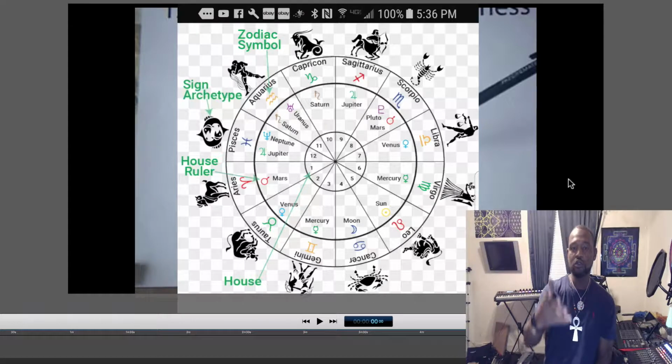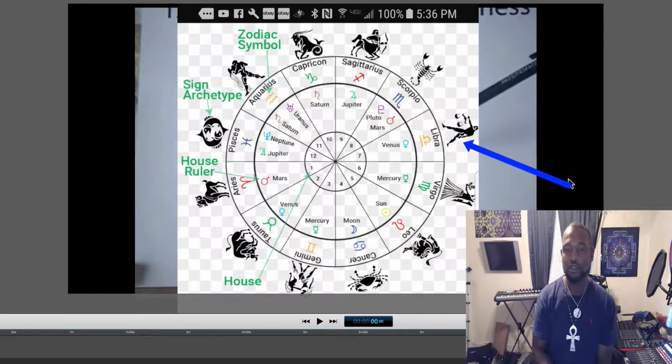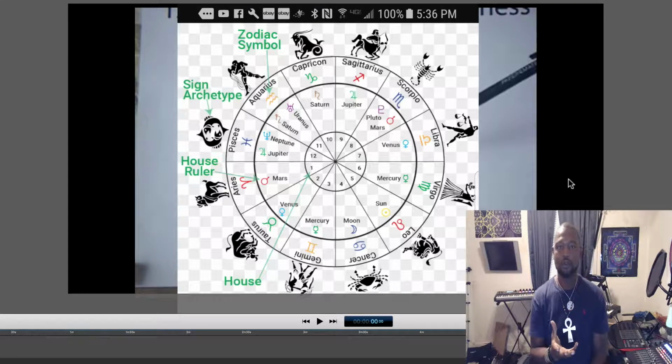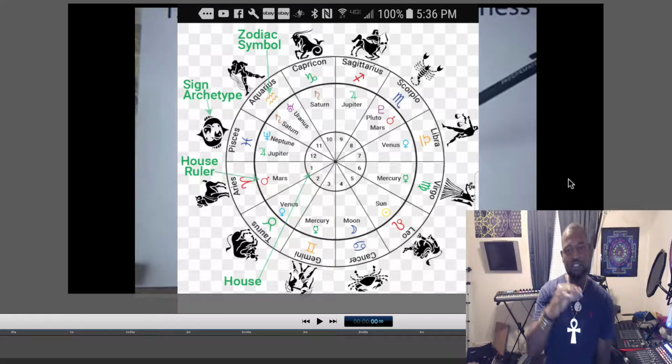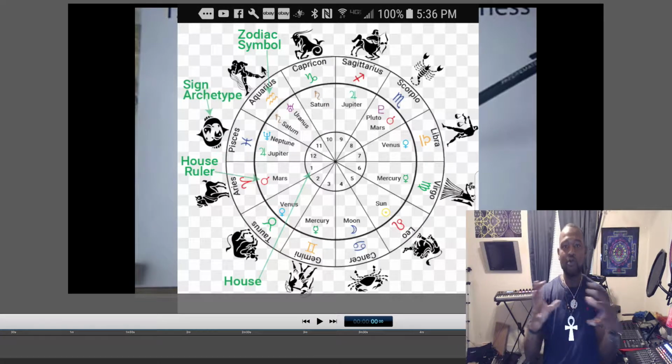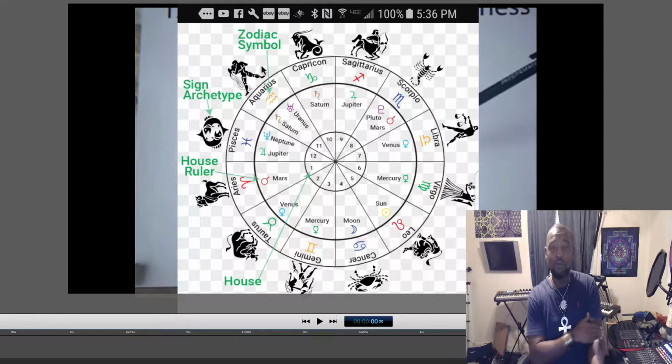This is showing you the 12 zodiacs and how these zodiacs apply in this system of 12, and how this system of 12 is a master number. But before I move on into the real lesson, let's talk about the zodiacs a little bit. Why is the zodiac so important? Because each one of these animals and the descriptions of these animals are what was comprised to make the human body.